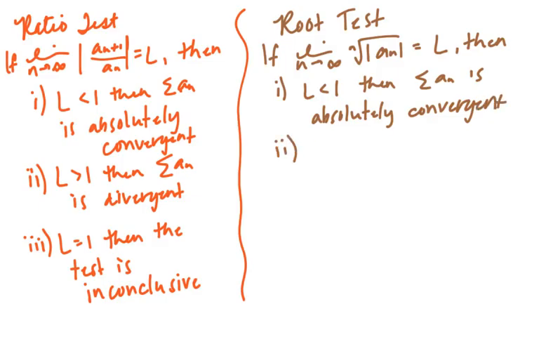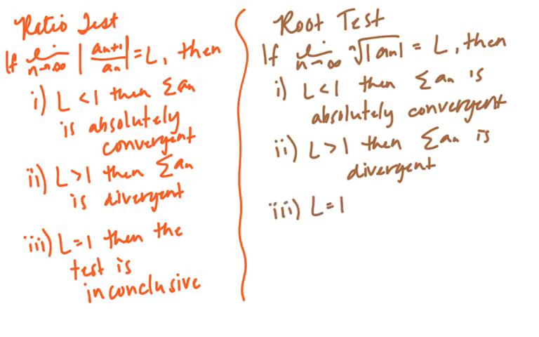Case 2, if L is greater than 1, then the series is divergent. Case 3, if L equals 1, then the test is inconclusive and you need to do something else. So you can see how they're parallel here.